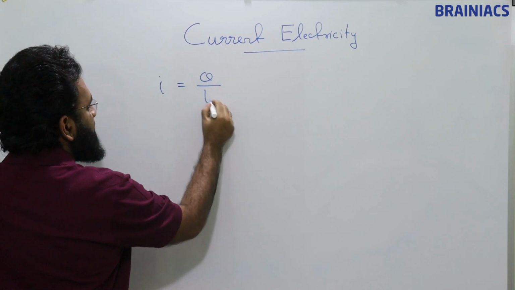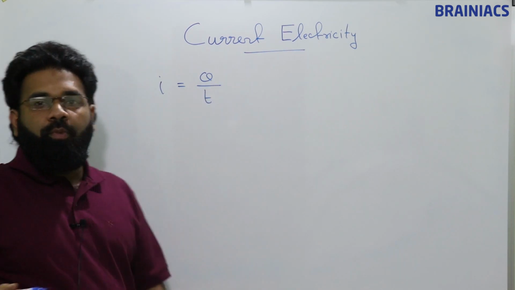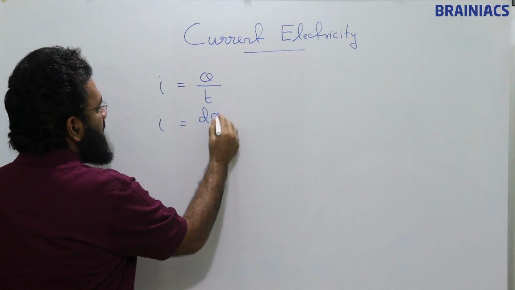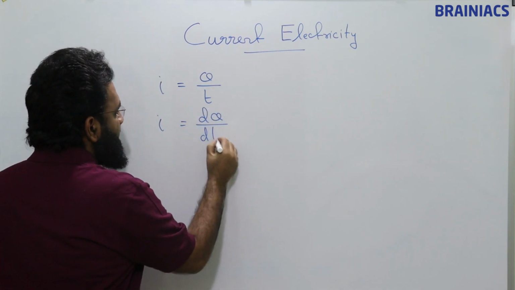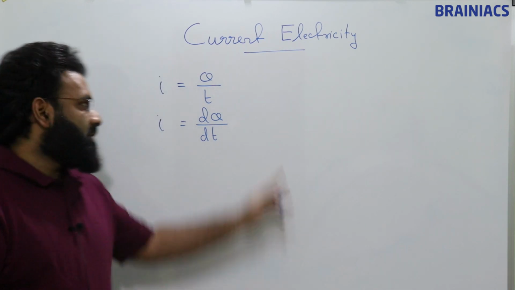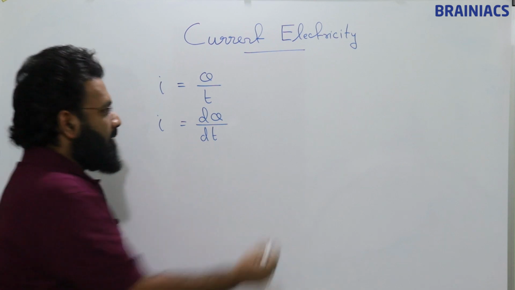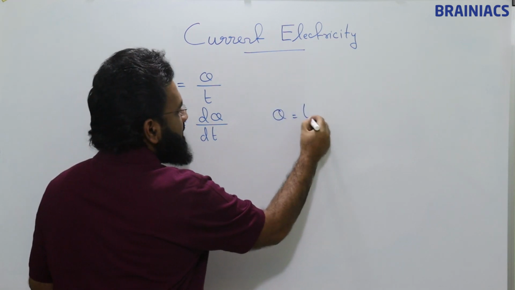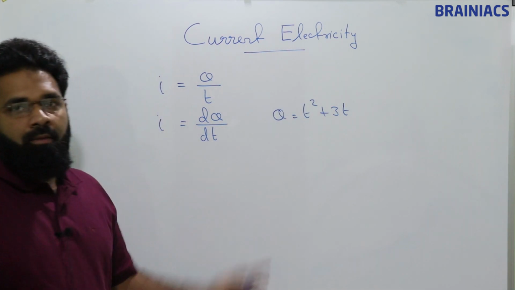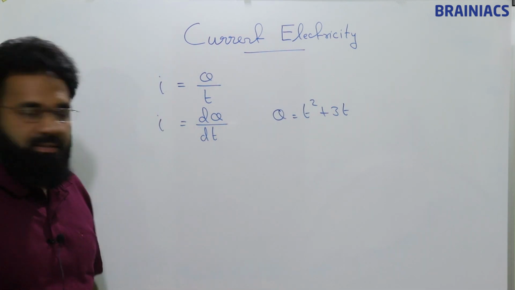If the charge flow is constant, I is equal to Q by t, otherwise I is equal to dQ by dt. If the charge is a function of time, like t square plus 3t, then we will be solving like this.